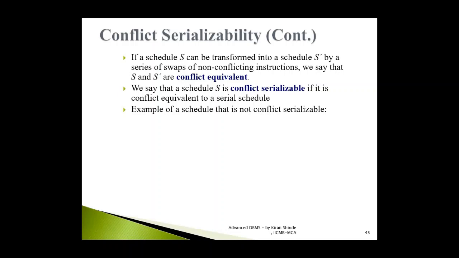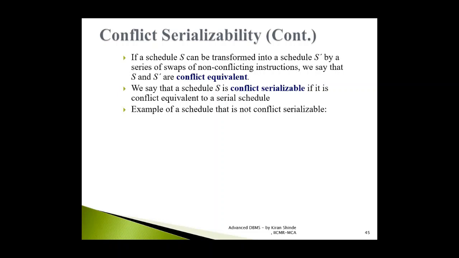And then we say that it is conflict serializable if it is conflict equivalent to a serial schedule. Okay, we will see one example. But first of all, let us understand what you mean by non-conflicting instruction. Obviously, non-conflicting means that if both the operations are happening on different data items, that can be a non-conflicting instruction.